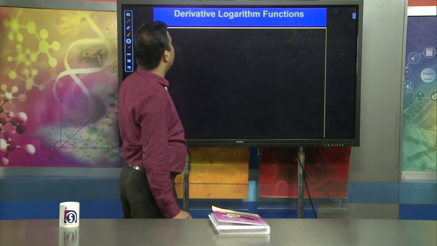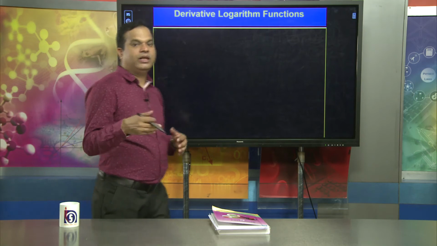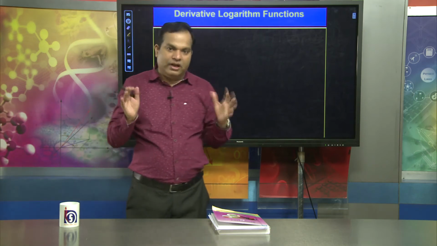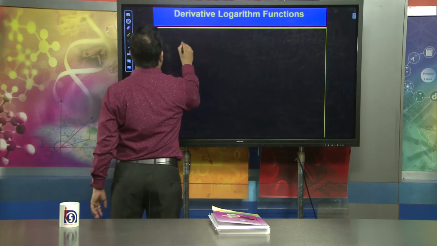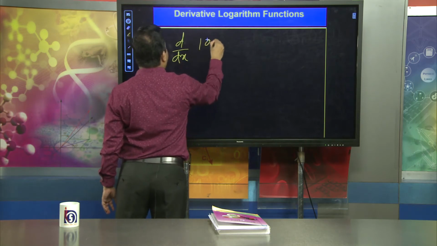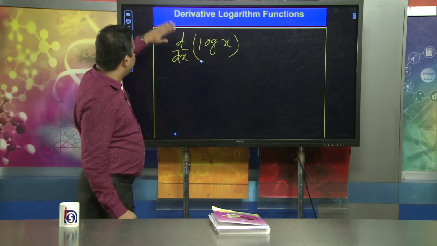When talking about the logarithm function, you know that log x, log 5x, log 10x, whatever may be, these are logarithm functions. And very important: suppose I would like to take the derivative of log x. What will be the derivative of log x?